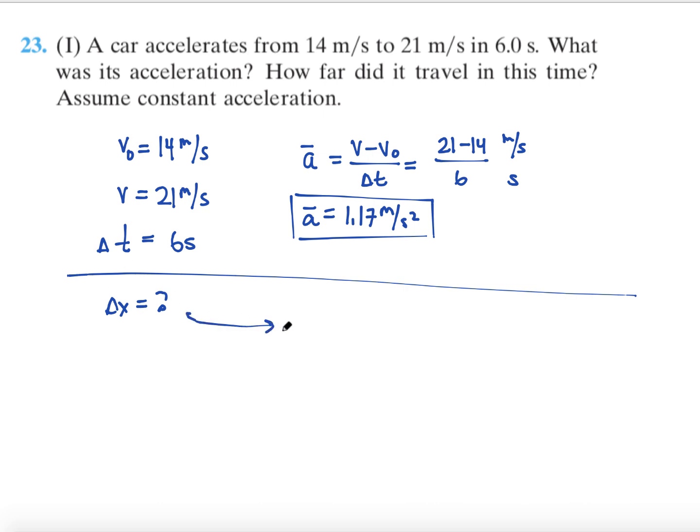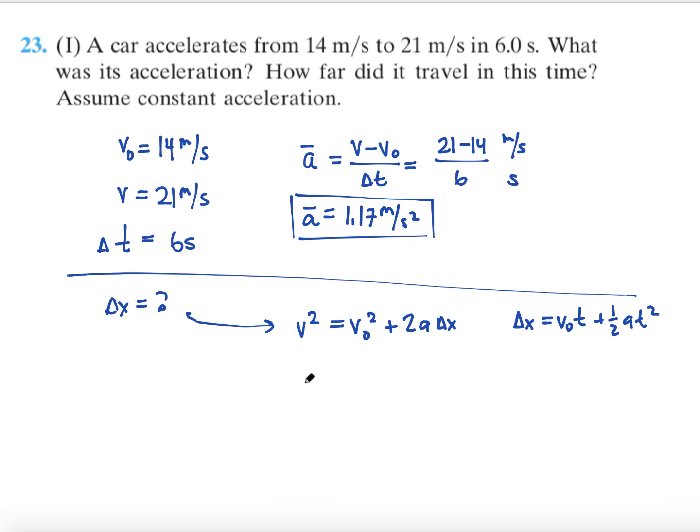This tells me I want to use the equation v squared equals v initial squared plus 2a delta x. Alternatively, you can use time. You could just as easily use the second kinematic equation, which is delta x equals v naught t plus 1/2 a t squared.